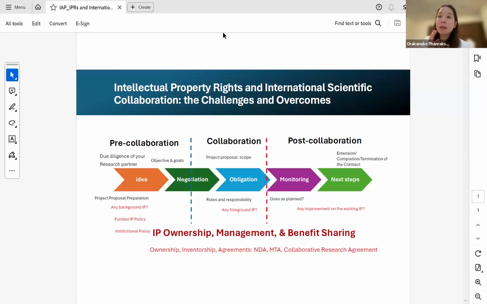And when you're developing the project proposal, it's also important to think about the policy that is relevant to your project. For example, are you applying for any funding agencies outside your country or within your country? It's important to check the IP conditions from the funding agency, and also within your own institution, whether you have an institutional IP policy or not. What I'm going through here is more like the experience reflecting from the practice in the global south.